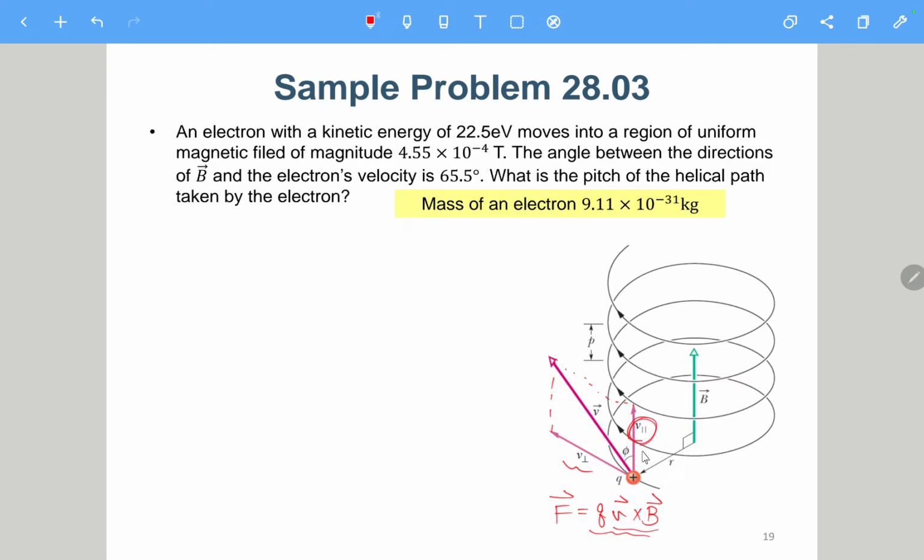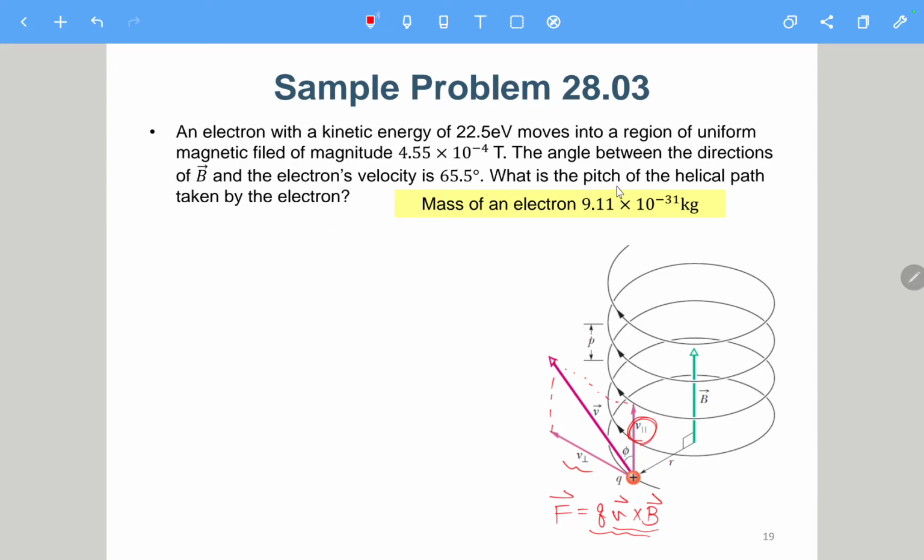When we add these two motions together, it will become a helix line, a 螺旋线. Because in this direction it is a constant velocity movement, and it is also doing circular motion in the xy plane.